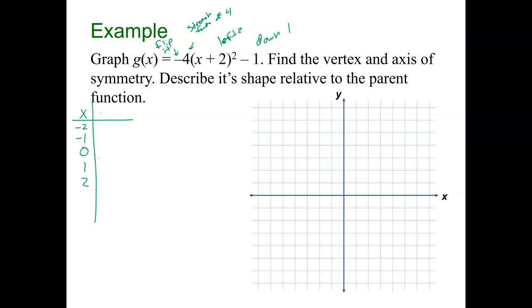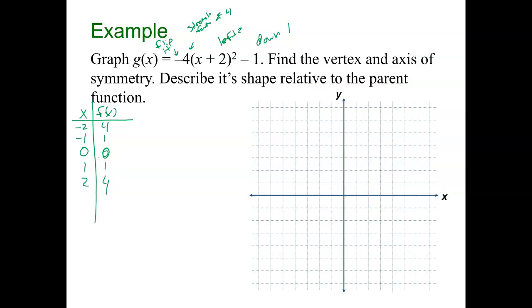And then our parent function, f of x, gives us 4, 1, 0, 1, and 4. Now when I flip it and do the x-axis reflection, is that going to change the x values or the y values? If I take my graph that's up here and move it down here, it's going to change the y values.